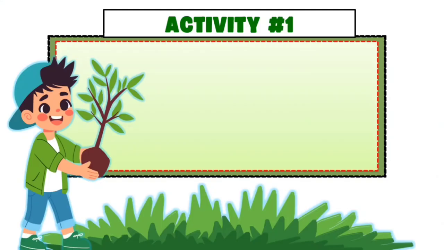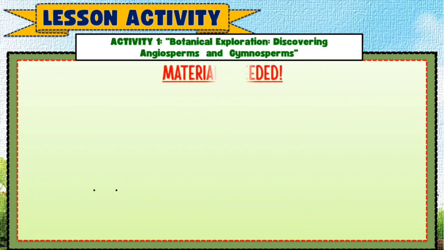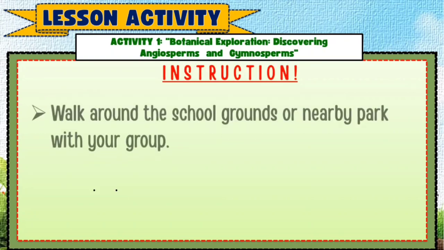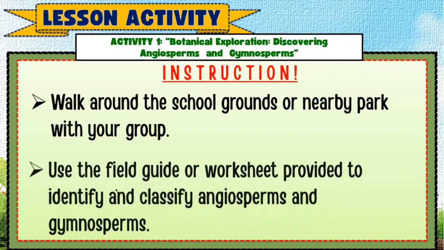Activity number 1: Botanical Exploration, Discovering Angiosperms and Gymnosperms. Materials needed: field guide or worksheet with pictures of angiosperms and gymnosperms, notebook or paper, pencils or pens. Instruction: walk around the school grounds or nearby park with your group.